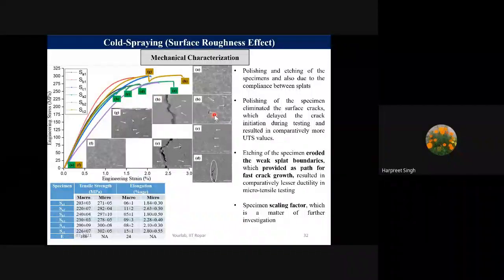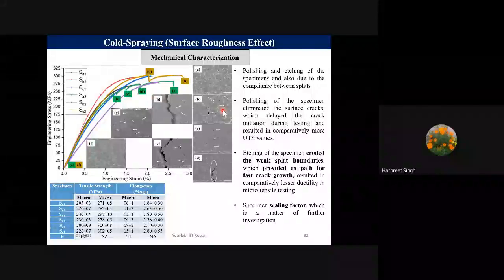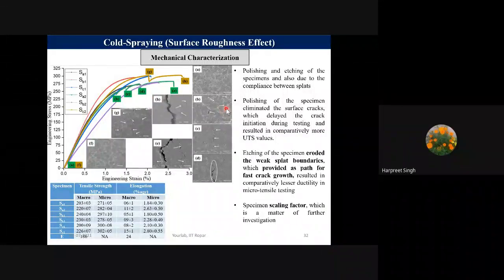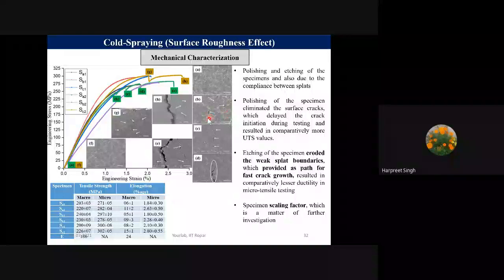So these cracks are developing at the intersections of your splats, and then they grow. But they are hindered by other splat boundaries, or splats, and then they divert from that. For example, this crack starts here, and then it goes along the splat, and then it goes like this.